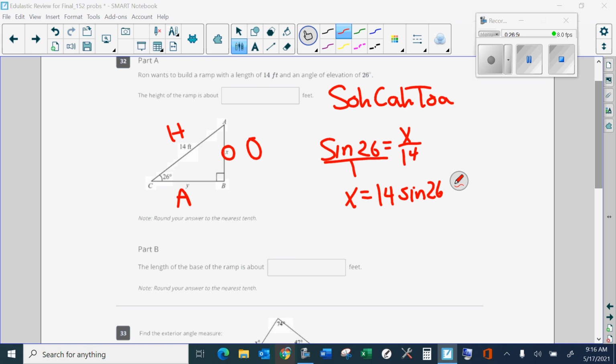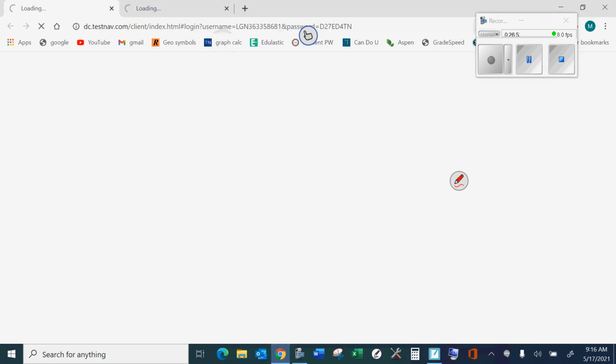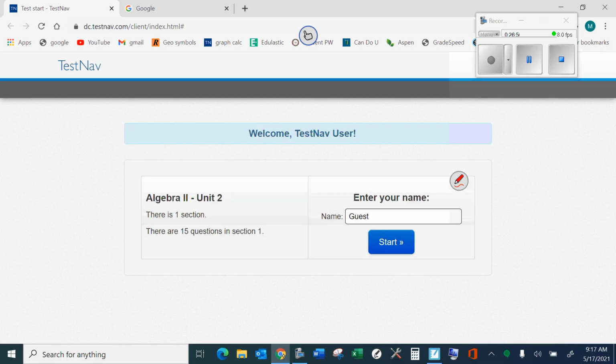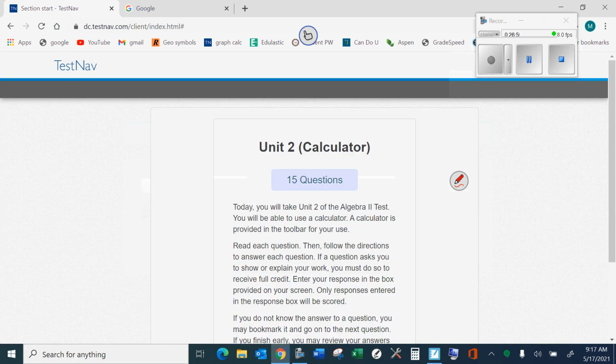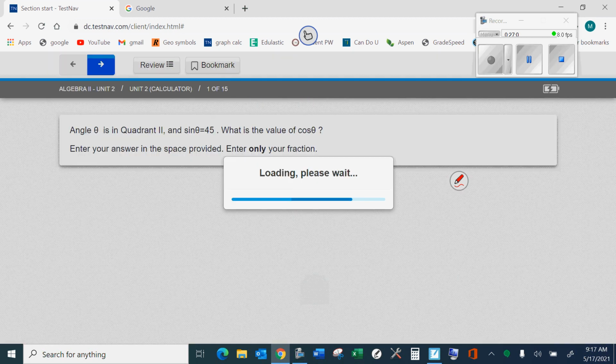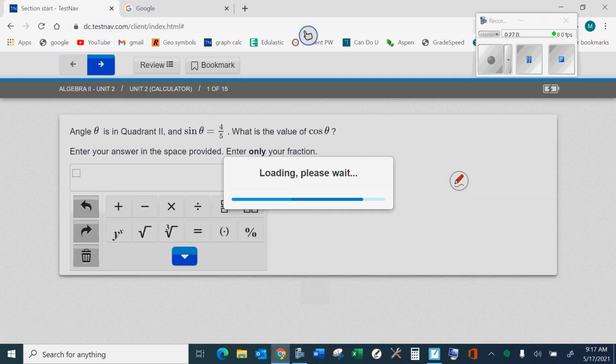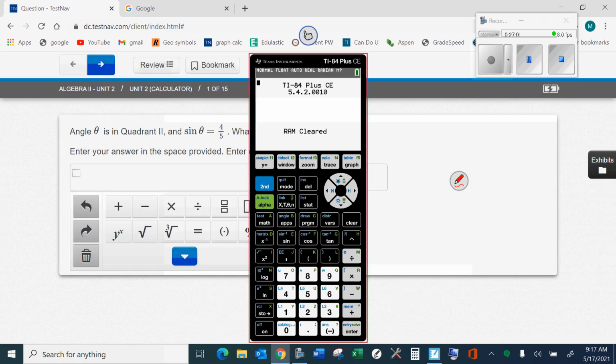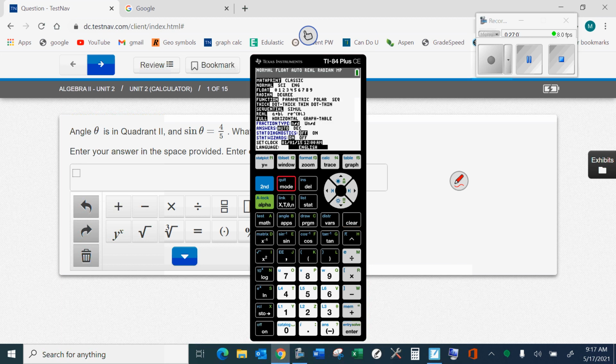Now bring up the graphing calculator. Don't forget, it's always going to start in radians on the DCAS. So you have to go to mode, clear it, and change it down to degrees. That's the first thing you should do whenever you're going to use that calculator. And we wanted 14 sine 26, right?